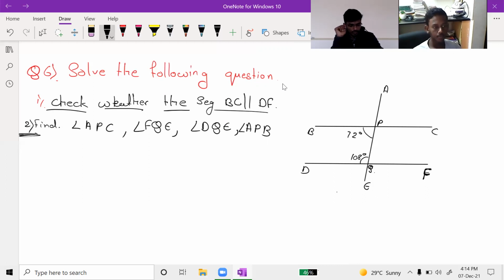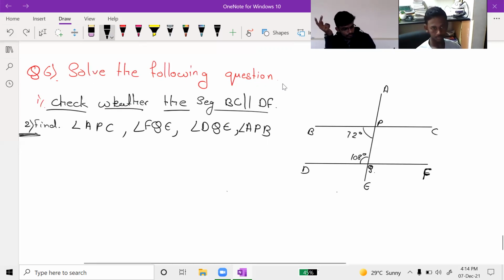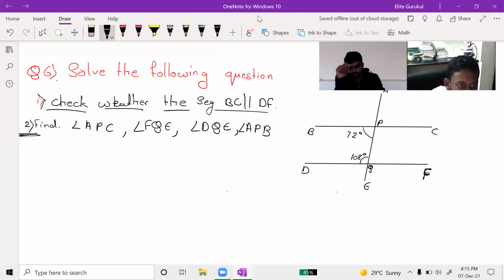If the addition is 180 degree, then BC is parallel to DF. So come on, check it out. First check whether these lines are parallel or not. If they are parallel, then you can solve this question. If they are not parallel, then you won't be able to solve the questions. Understood? Come on, you have only 5 minutes of time.